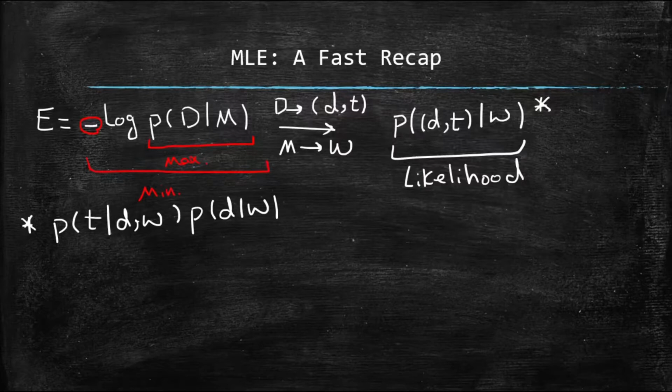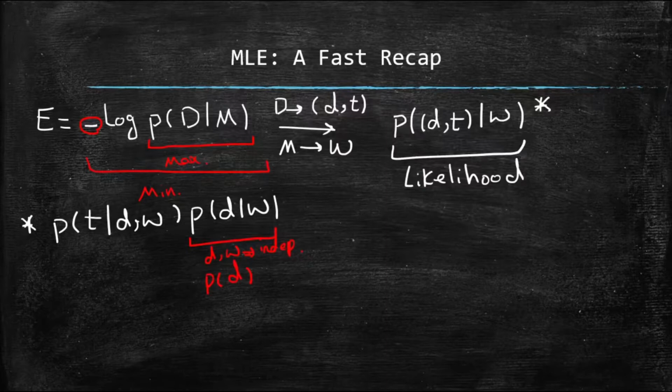And then one thing to remember here is that D and W are independent. So if I ask what is the probability of D conditioned over W, meaning that W has already happened, this is exactly equal to the probability of D. So W can be cancelled out because they're independent.